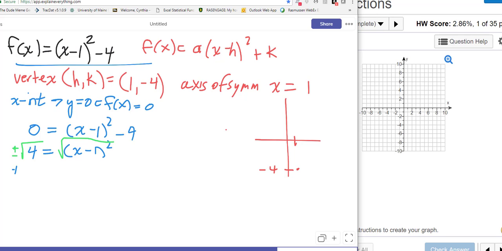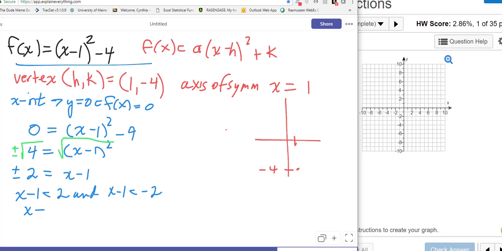So this would be plus and minus 2 equals just x minus 1, because once I square rooted it, the square went away. And so I'm going to have either x minus 1 equals positive 2, or x minus 1 equals negative 2.